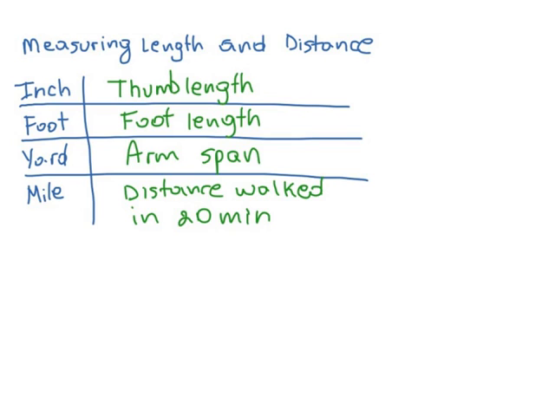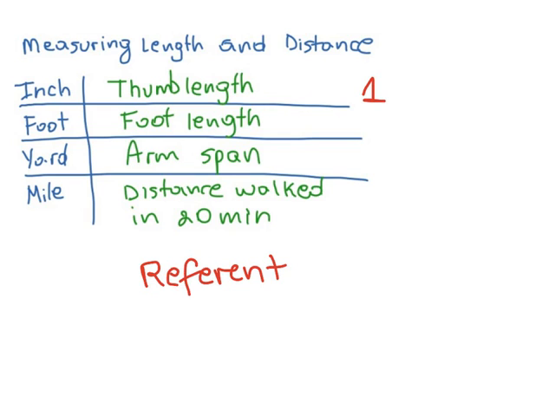Now, a reference point called a referent can be used to describe inches, feet, yards, and miles. Let's take a look at this table. An inch can be described as a thumb length.